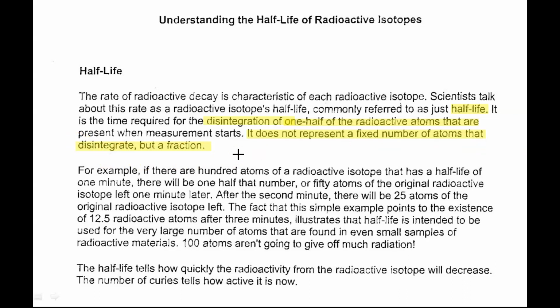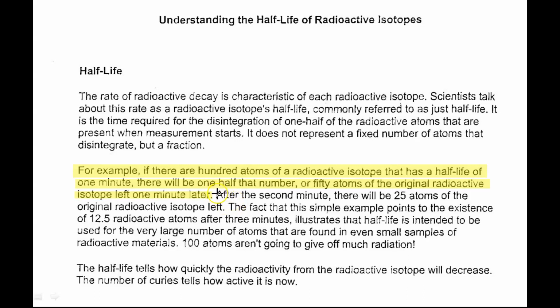Half, 50%, the period of time which is necessary for half of the atoms to disintegrate. So let's take a look at a specific example. For example, if there are 100 atoms of a radioactive isotope that has a half-life of 1 minute, there will be 1/2 of this number, or 50 atoms of the original radioactive isotope, left after 1 minute, right? Because the half-life is 1 minute.